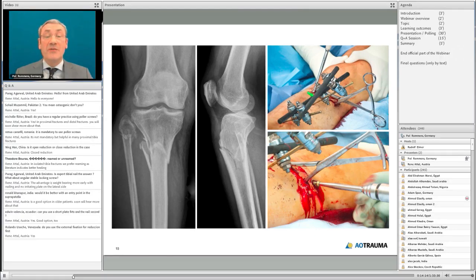You see the use of an external fixator, a non-bridging external fixator, with one screw in the proximal fragment and another screw in the distal fragment. You see a pointed reduction forceps, which is placed over the main fracture. And you see the insertion of a polar screw, we will talk about this later on, from medial to lateral to guide the nail into a good direction.